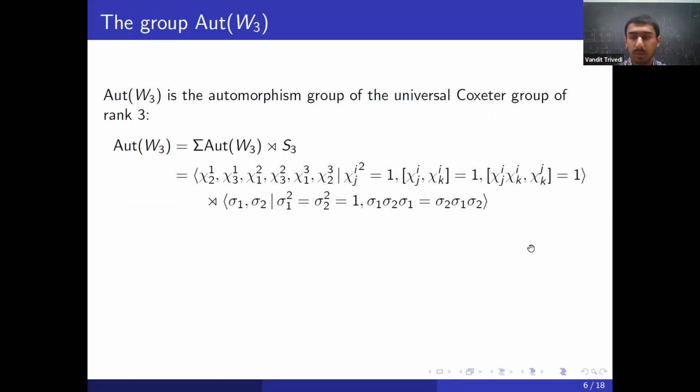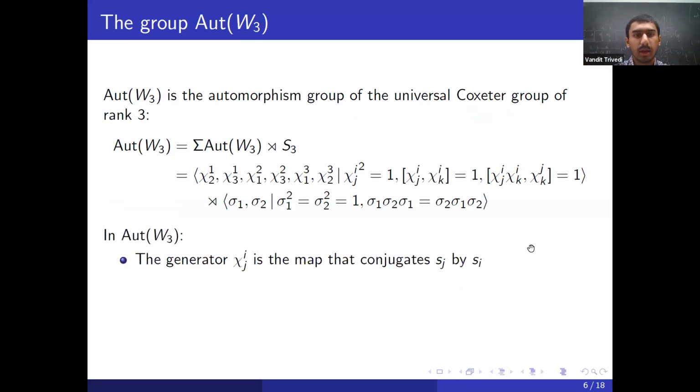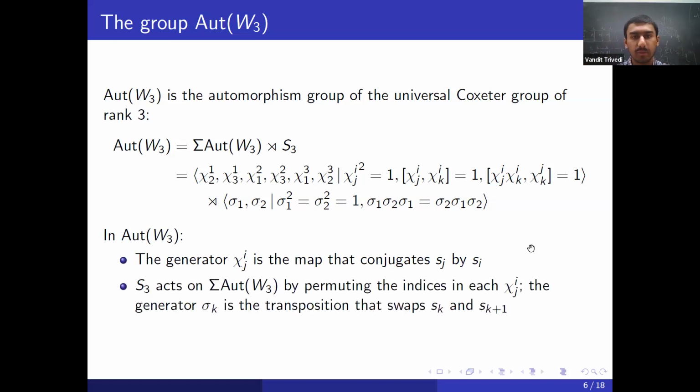And so that's where we get this presentation from. So the chi-ij's are the maps that conjugate Sj by Si. And sigma 1 and sigma 2 are just generators of the symmetric group. And the action is what you would think it would be. The permutations permute the indices in the chi-ij. So that's where we get the semi-direct relations from.